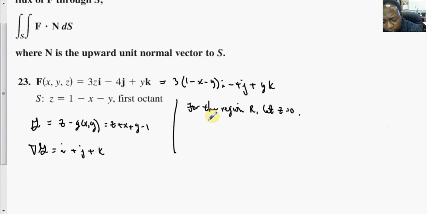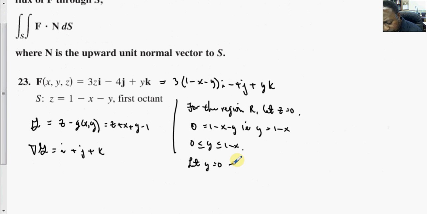When you do that, we have 0 equal to 1 minus X minus Y. That is, Y is equal to 1 minus X. So it's the first octant, so Y goes from 0 to 1 minus X. If you let Y equal 0, this implies that we have 0 equal to 1 minus X. This implies that X is equal to 1.